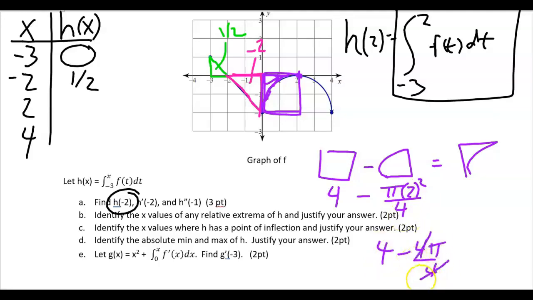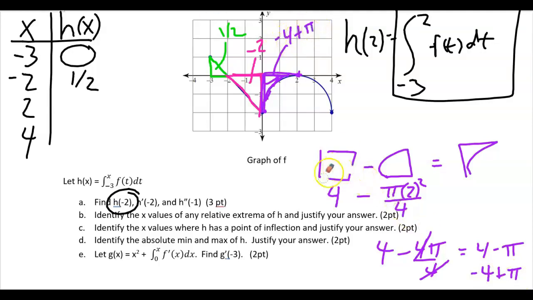The 4's cancel, and I'm left with 4 minus pi, and that would be the area of that ramp. Okay. So now I've got 4 minus pi, but we got to remember it's under the x-axis. So what happens is the 4 becomes negative and the pi becomes positive. You're going to switch their signs because it's under the x-axis. So -4 plus pi.